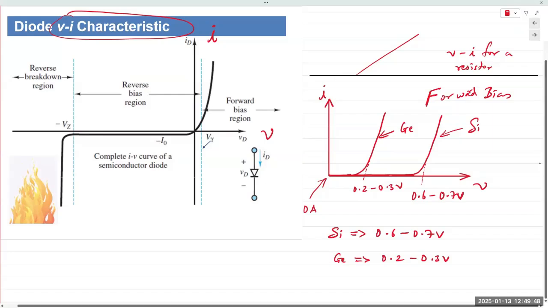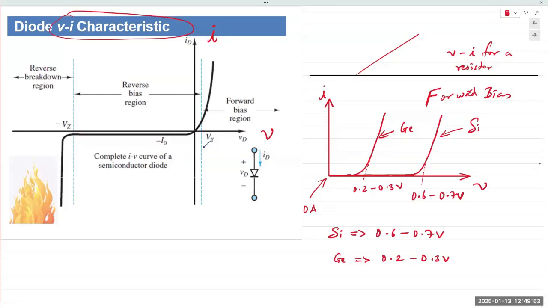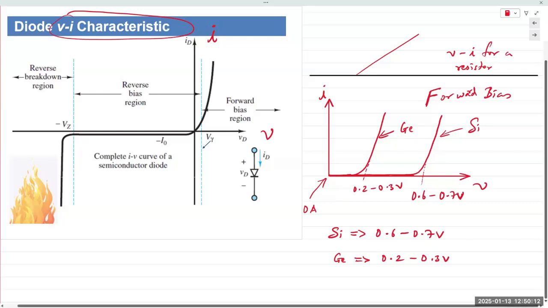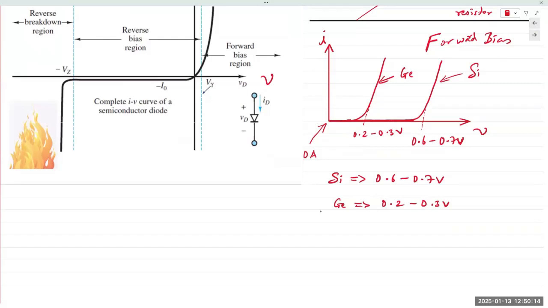The voltage that is required to turn on the diode, meaning to permit the flow of current, is also known as the turn-on voltage, the knee voltage, or simply the diode voltage. So there are several different names that can be used for the exact same quantity.